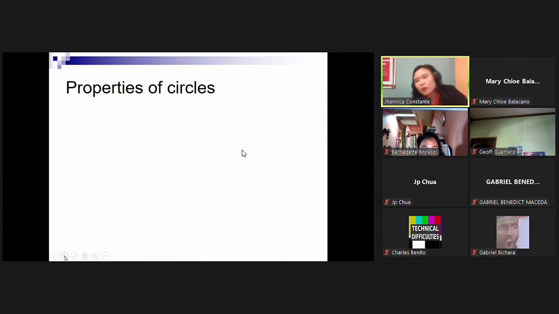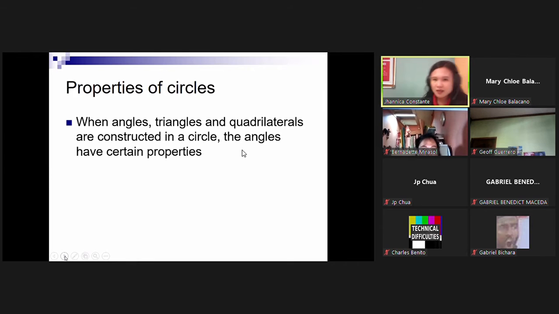So let's proceed with the properties of a circle. In the properties of circles, when angles, triangles, and quadrilaterals are constructed in a circle, the angles have certain properties. We are going to follow these properties of angles to identify the missing measurement of an angle constructed inside our circle.